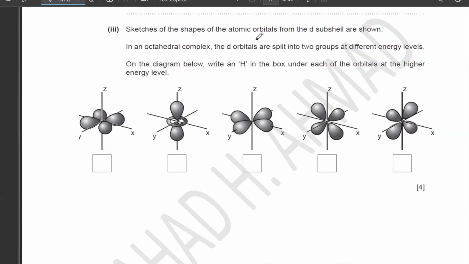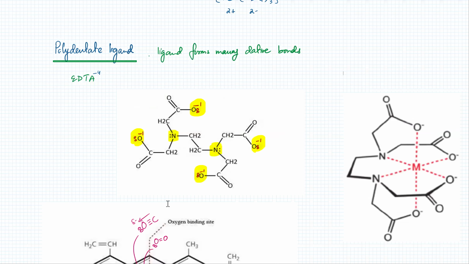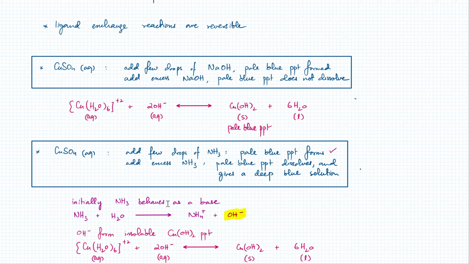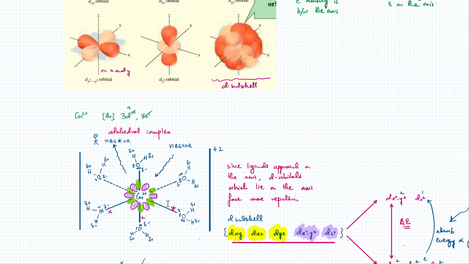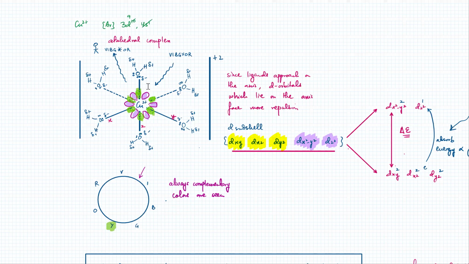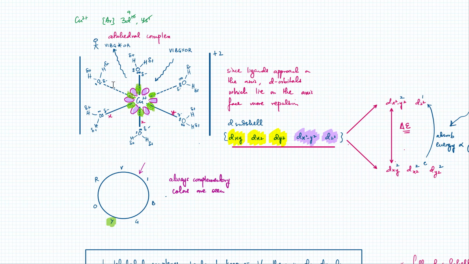Over here, he's asking, sketch the shapes of the atomic orbitals from the d subshell as shown. In an octahedral complex, the d orbitals split into two different energy levels. Write an H in the box under each of the orbitals at the higher energy level. So when they split, it's harder to keep electrons on the axis in an octahedral complex.